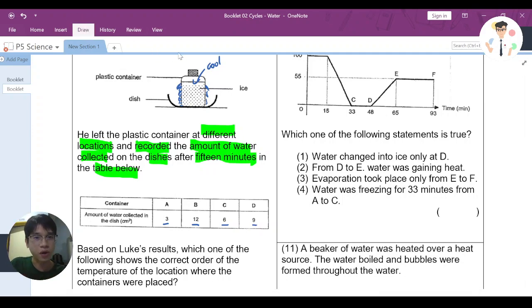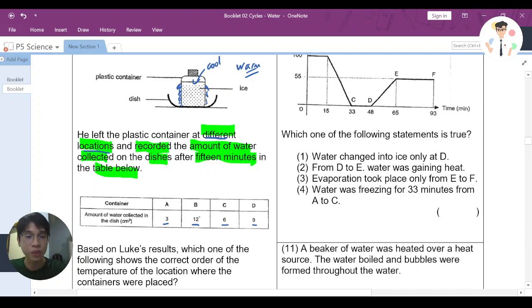We can see that because he left them at different locations. This means that location affects the condensation. The temperature of the container, because we know this is cold, is the same, but the warm surrounding is different. Some can be hot, some not that hot.